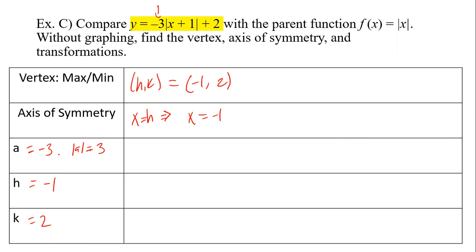And our A. So notice that there's a negative. The negative tells us one thing, and then the absolute value of our A tells us another thing.